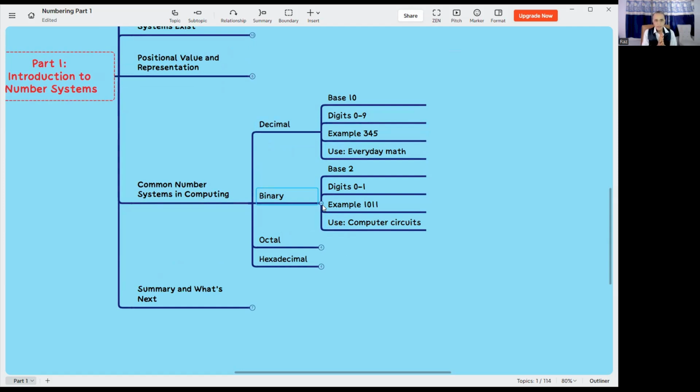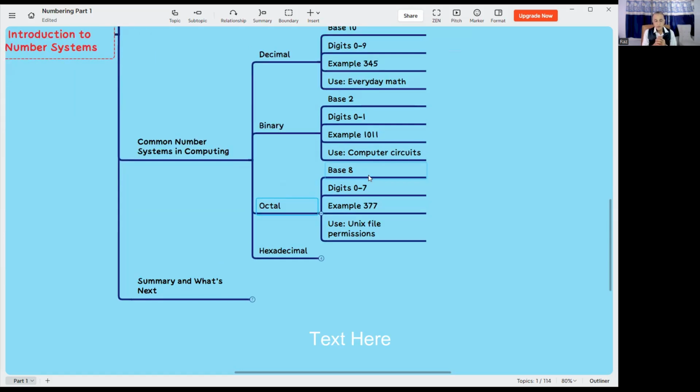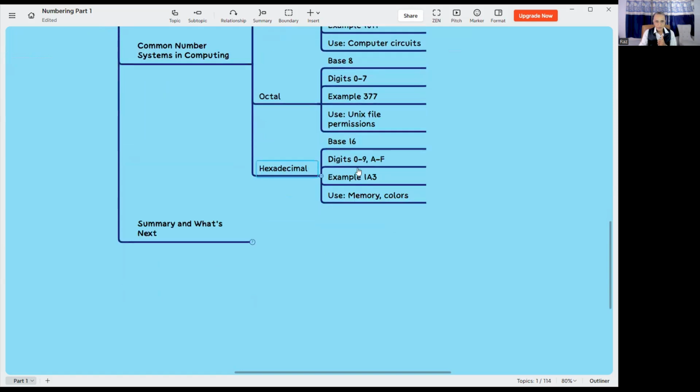So binary is used by all computer circuits. In the beginning, octal was used a lot, but as computers expanded to 8-bit, 16-bit, 32-bit, 64-bit, octal is nowadays just history. Hexadecimal, base is 16. Every 4 bits, 2 raised to 4 is 16, so every 4 bits of binary gets converted to one hex digit.